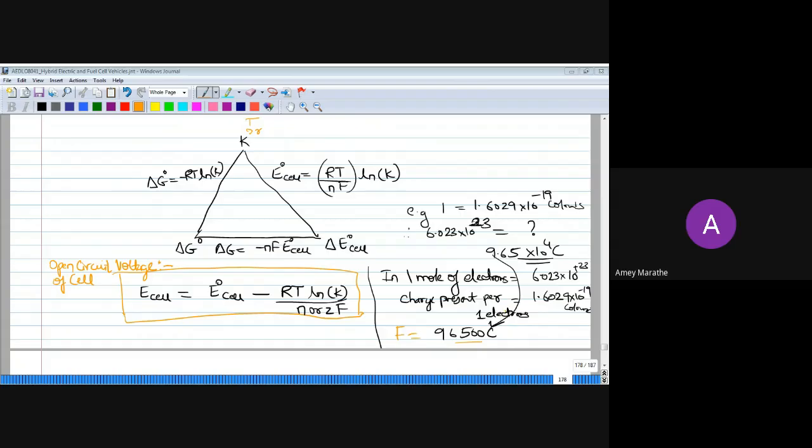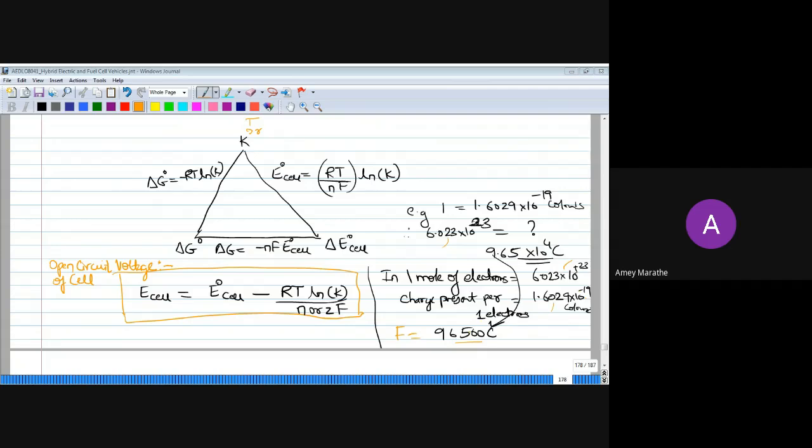So we know that 1 mole consists of Avogadro's number, and 1 mole of electrons weighs this much, and the charge per 1 electron is given by 1.6029 times 10 raised to minus 19.